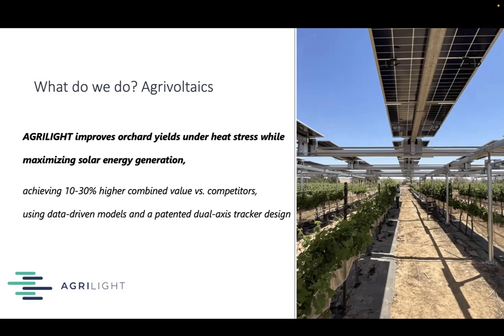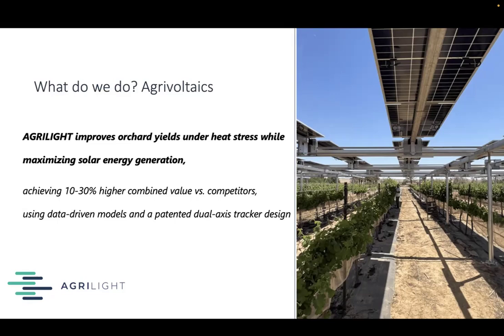The first one, we can move it horizontally, which means from side to side above the crop row. And the second movement is the tilt axis, where we can track the sun to generate more solar power.